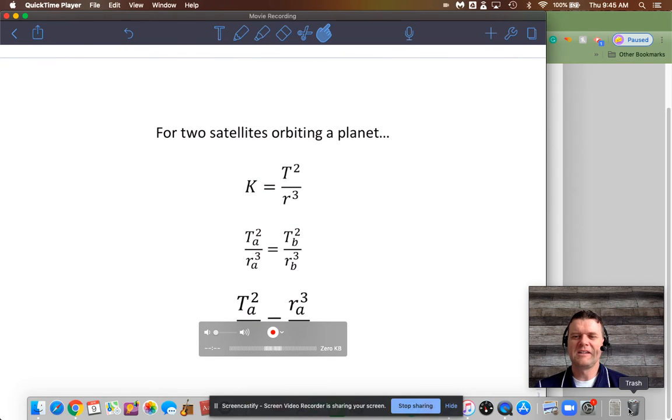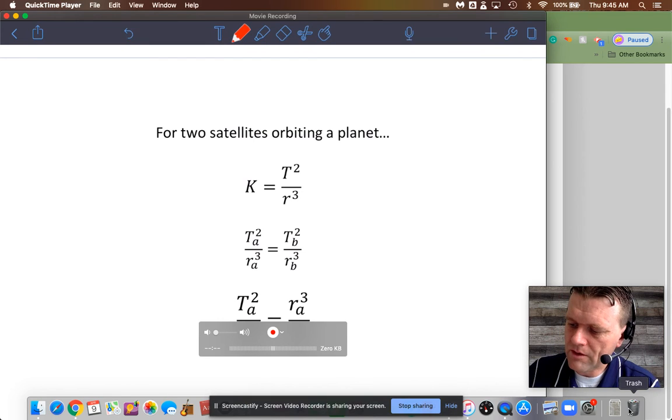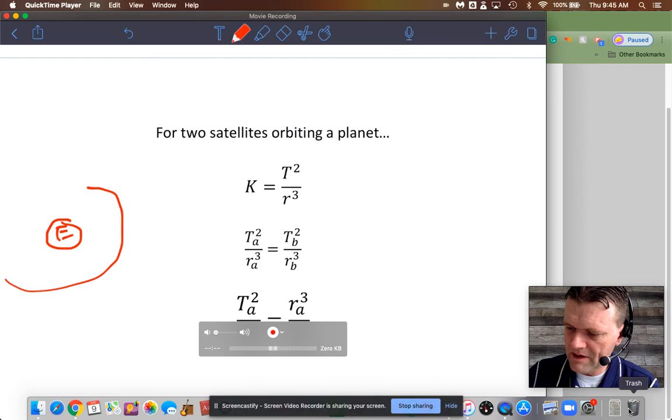And this is where you'll use another variation of Kepler's constant. So if we have two planets or two satellites orbiting a planet, okay, let's take the Earth just as an example. And maybe we have the International Space Station. It's orbiting at like 400 kilometers above the Earth.